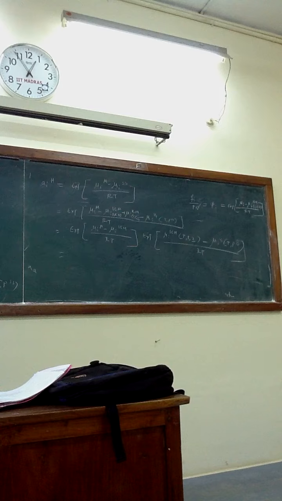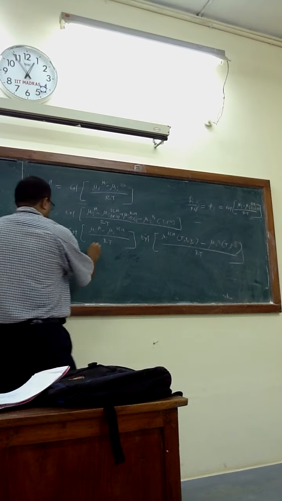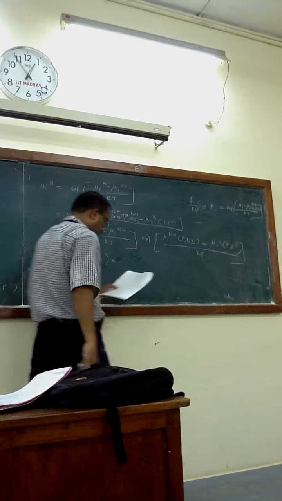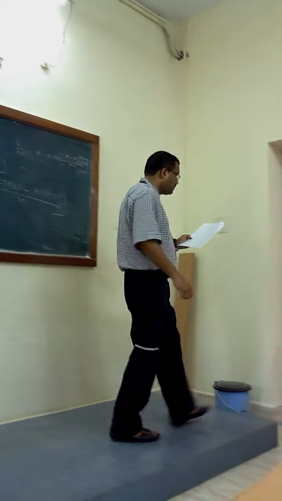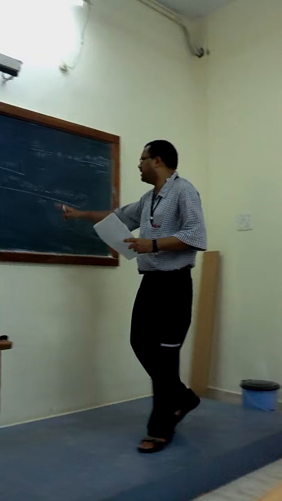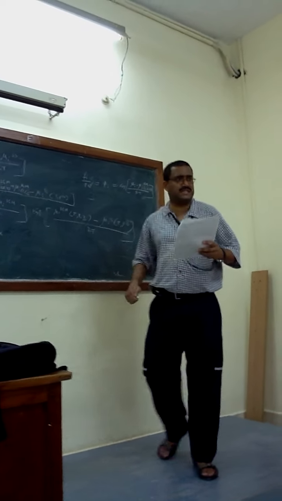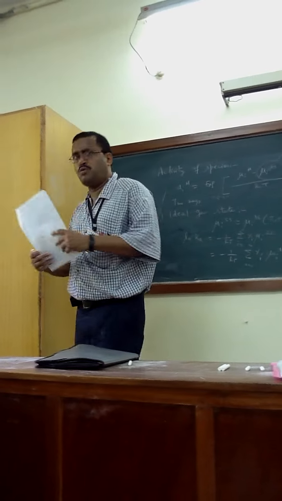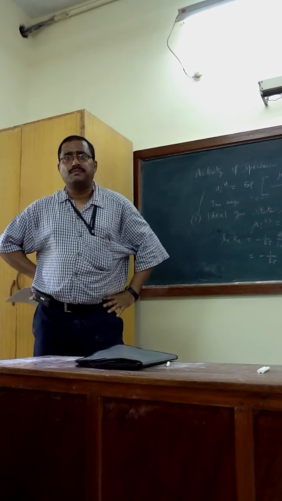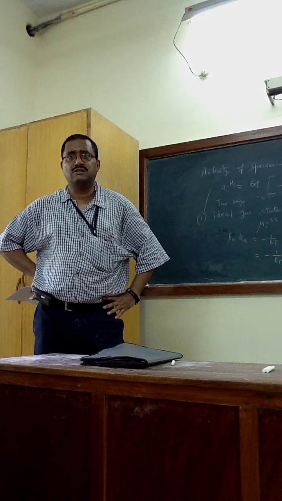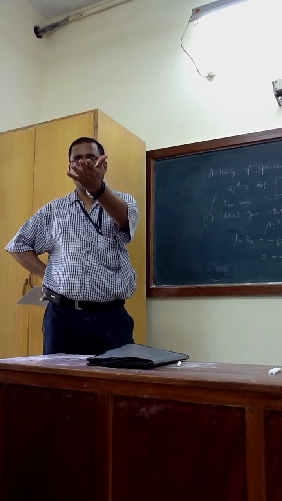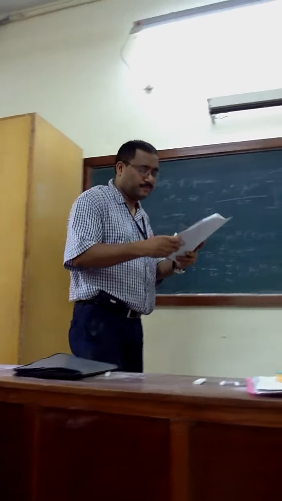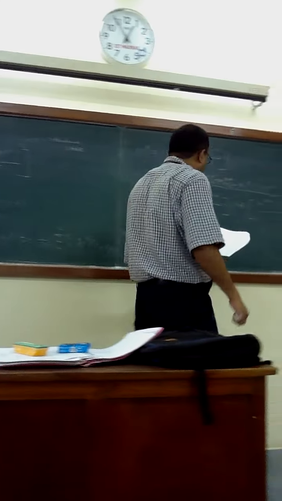Phi I by P x I. Second term. This is for TP x bar, this is for TP SS. Any formula is there? Mu I IgM, mu I Ig plus, look at the notes, RT ln xi? Yes or no?